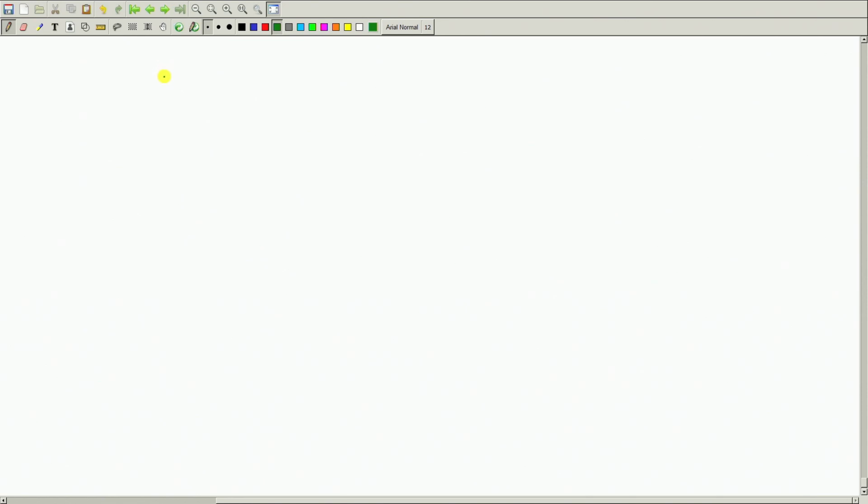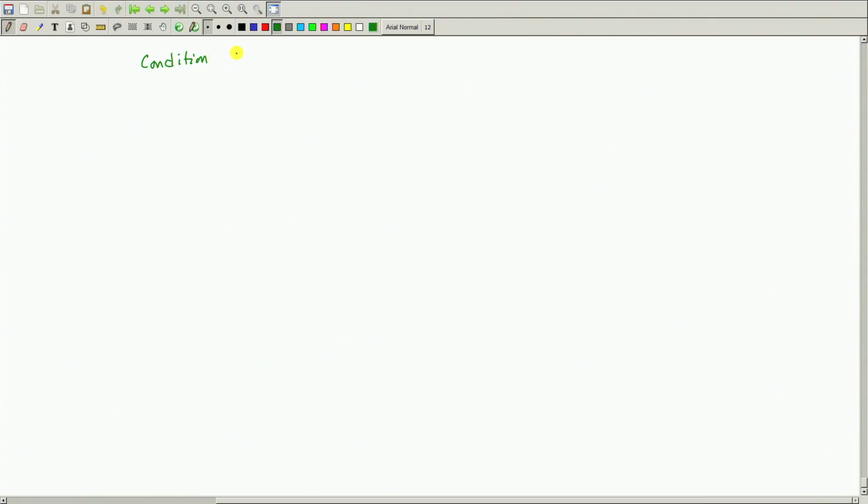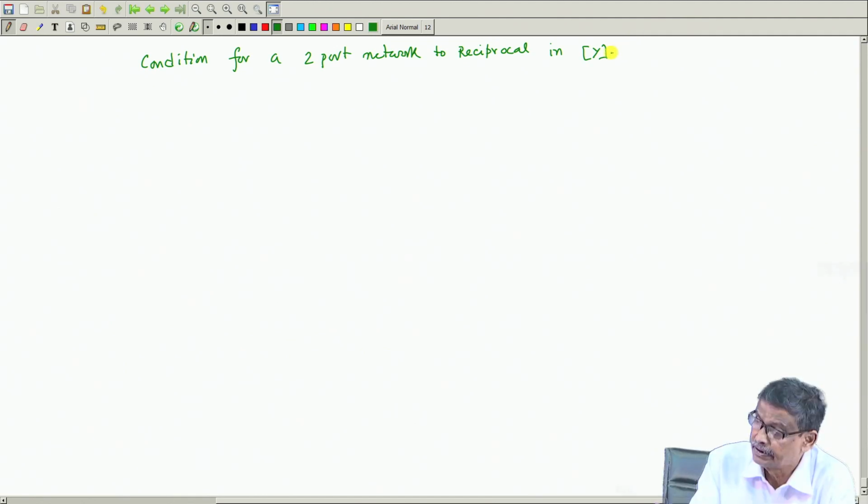So, the reciprocity condition for a two port network to be reciprocal, in terms of the Y matrix, the short circuit admittance parameter matrix.